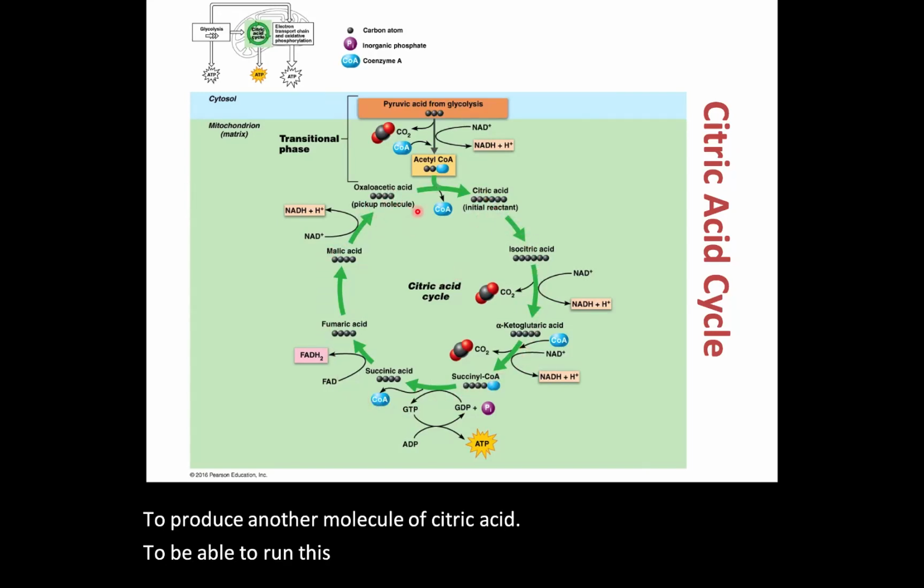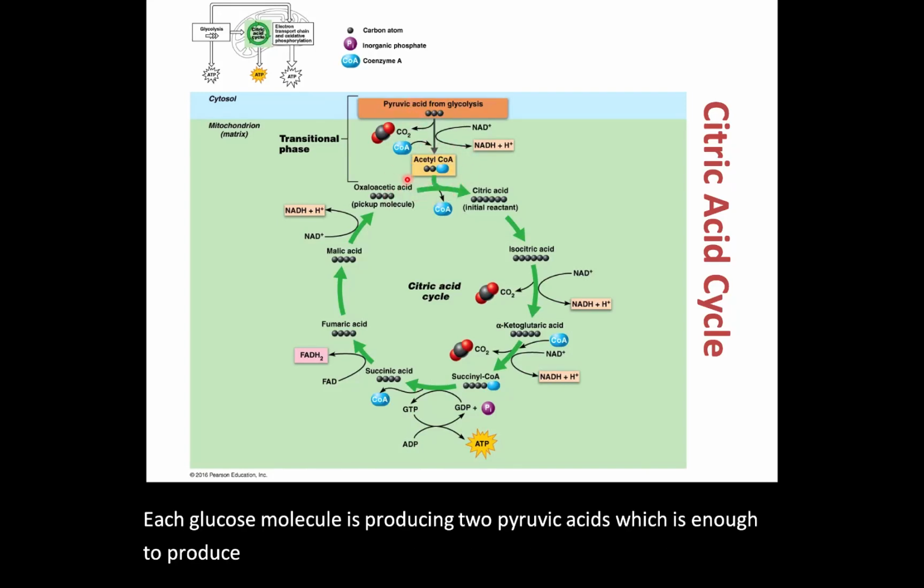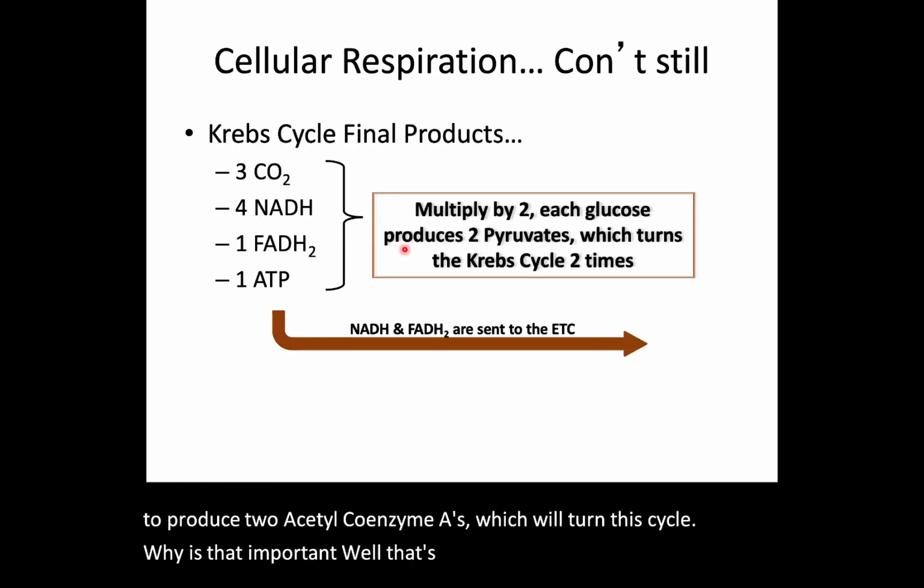Remember what I said: this happens twice. Each glucose molecule is producing two pyruvic acids, which is enough to produce two acetyl coenzyme A's, which will turn this cycle twice. Why is that important? Well, look at our end products.